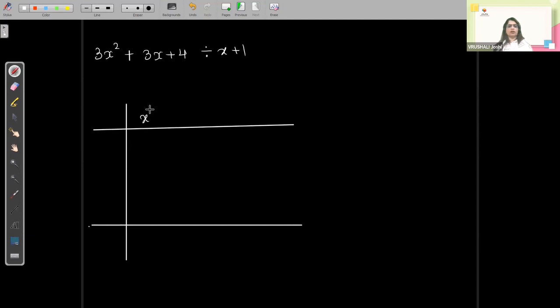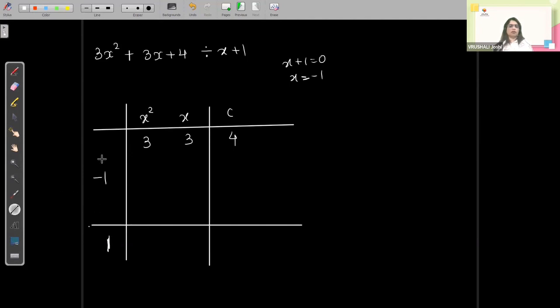So this will be x square, x and constant, which is 3, 3 and 4. You know, it is going to be a minus 1. Why minus 1? Because we have x plus 1 is equal to 0. So x is equal to minus 1, correct? And the degree is going to be 1. So the first number will come down as it is, which is going to be 3. 3 into minus 1 will be minus 3.